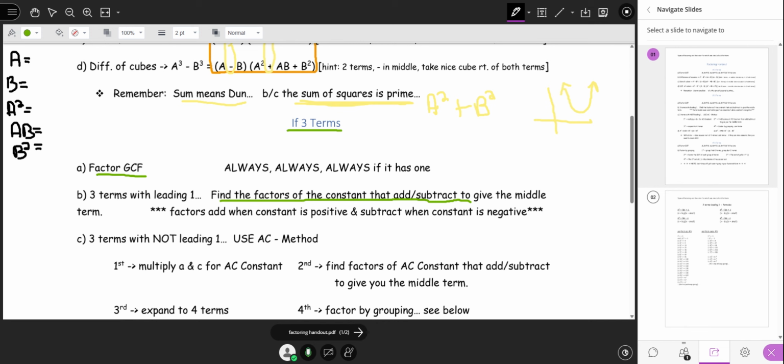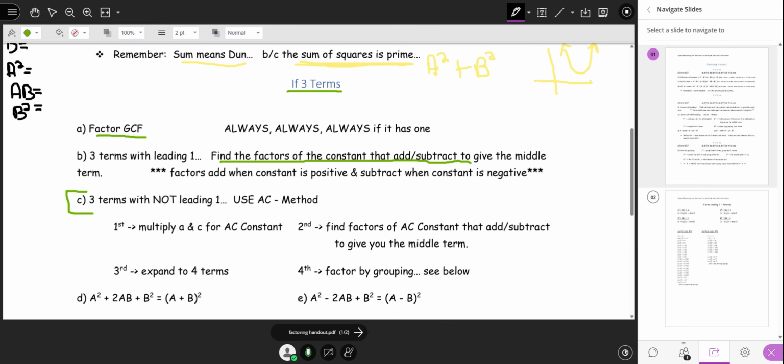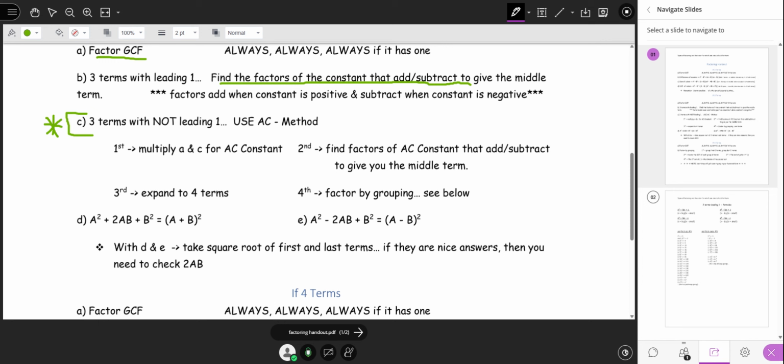Three terms with not leading one. There is a video that I would prefer you do instead of doing these steps. So there is a video I am going to show you in just a little while instead of doing this. And it'll have to be the video with the Chinese guy.